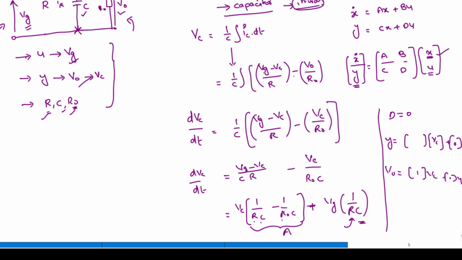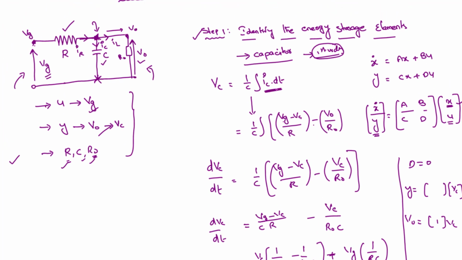Here IC is not there in our list, so we want to convert this unknown parameter into known parameters. IC, that means the current entering the capacitor, is the current flowing here minus the current flowing here. So that is (Vg minus Vc) by R minus V naught by R, which indicates IC.